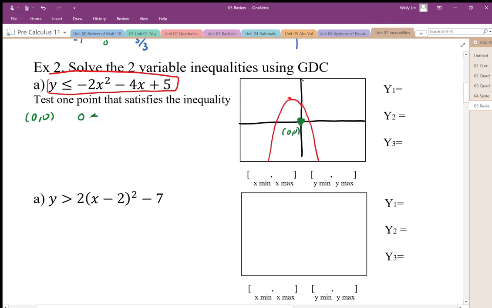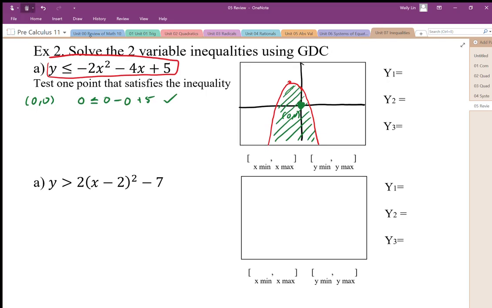So 0 is less than or equal to 0 minus 0 plus 5. That's true. So our test confirms that this is the right area. We are looking at all the area bounded by that line, or the area below the boundary line. So there's our solution region, and every point that we test in that region should work. Every point outside the region does not satisfy the inequality.